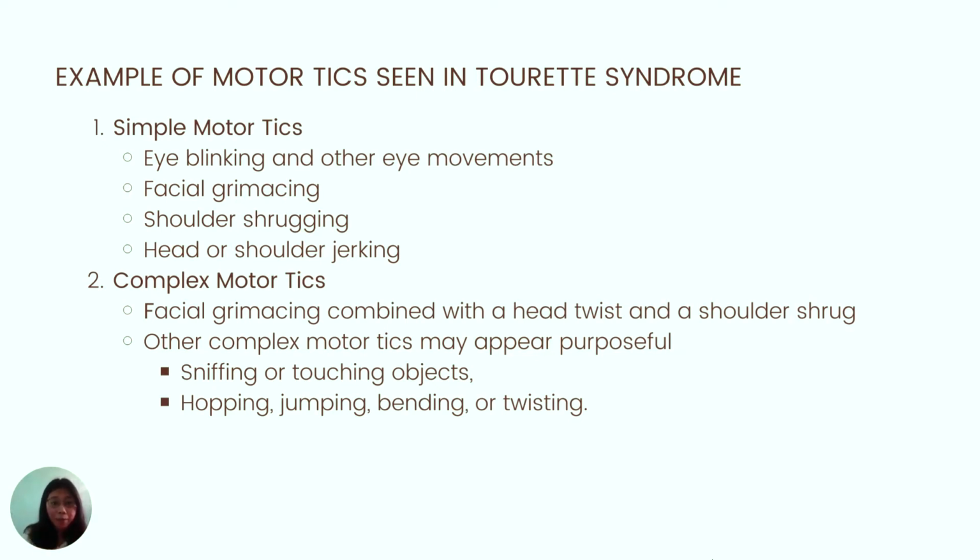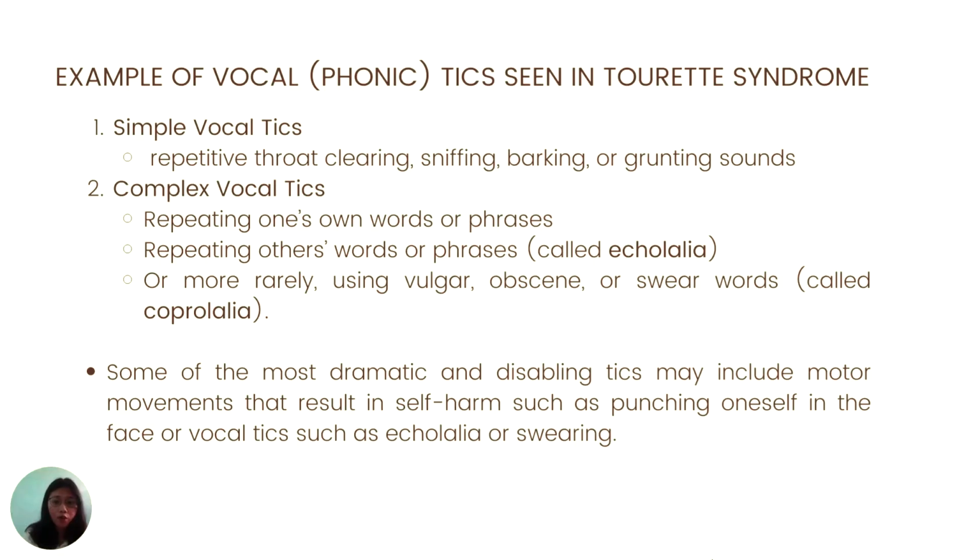Pero may isa pang example ng types ng tics, which is yung vocal naman, or phonic. Example of vocal or phonic tics seen in people with Tourette syndrome. So, yung simple vocal tics, yung repetitive throat clearing, sniffing, barking, or grunting sounds. Kapag naman complex siya, repeating one's words or phrases.